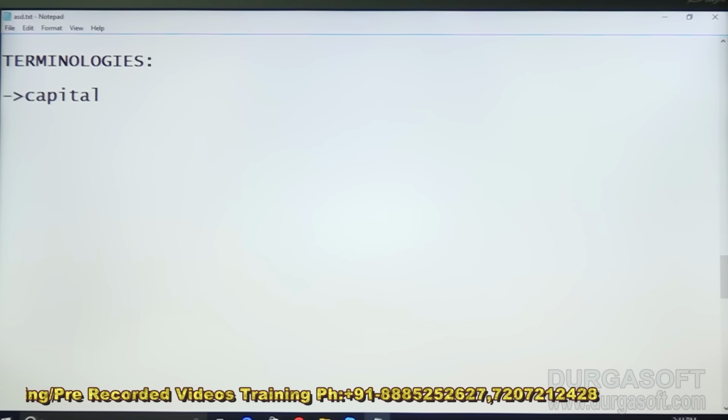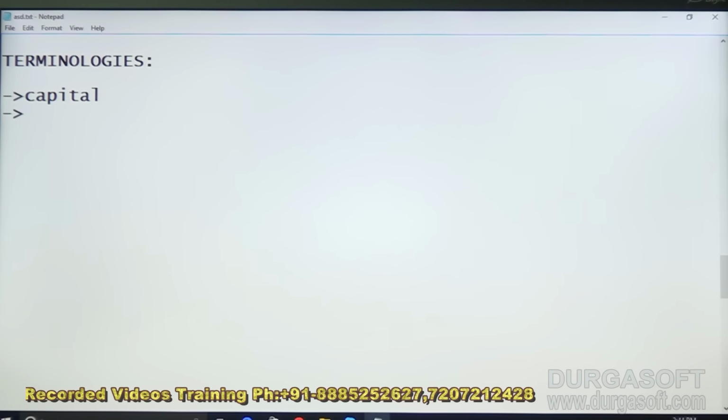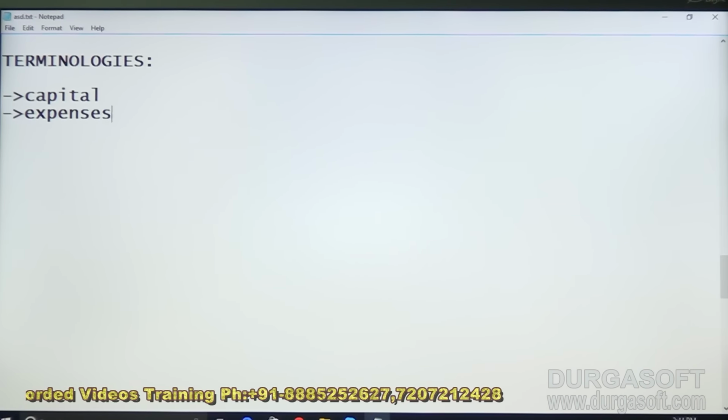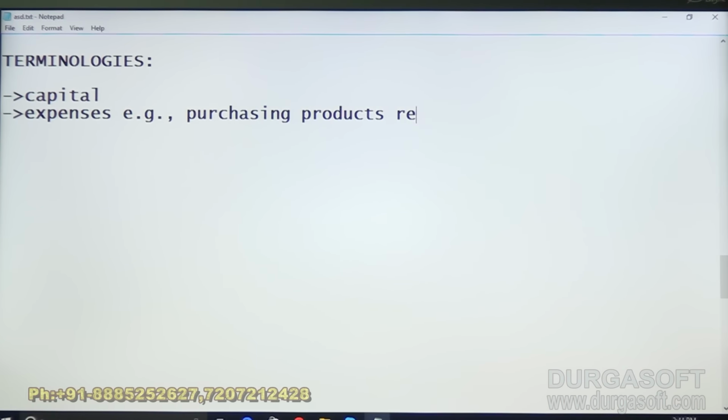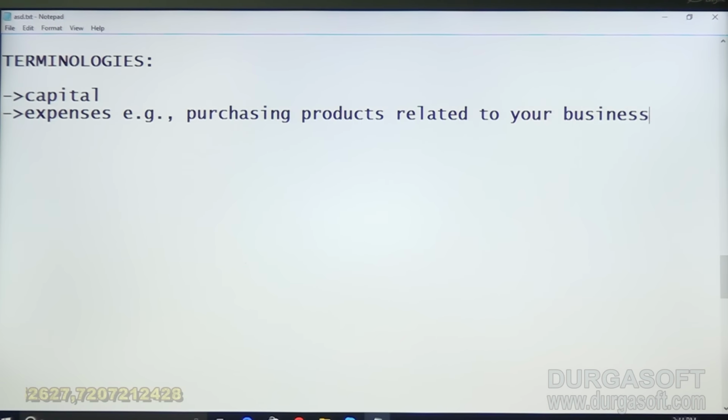And next one, expenses. Expenses, for example, purchasing products related to your business or for personal use.